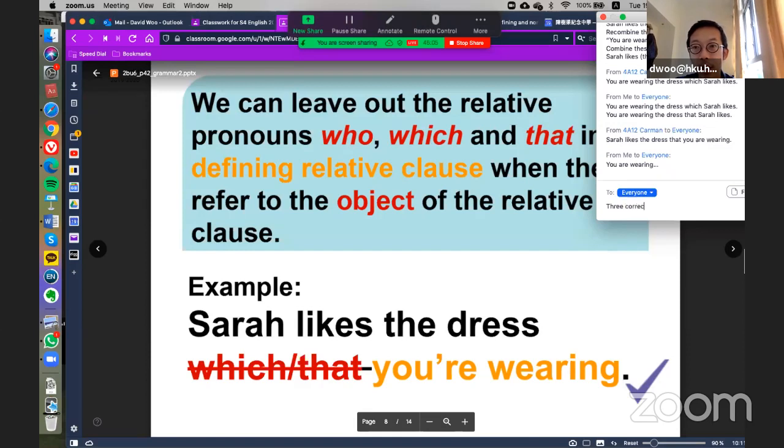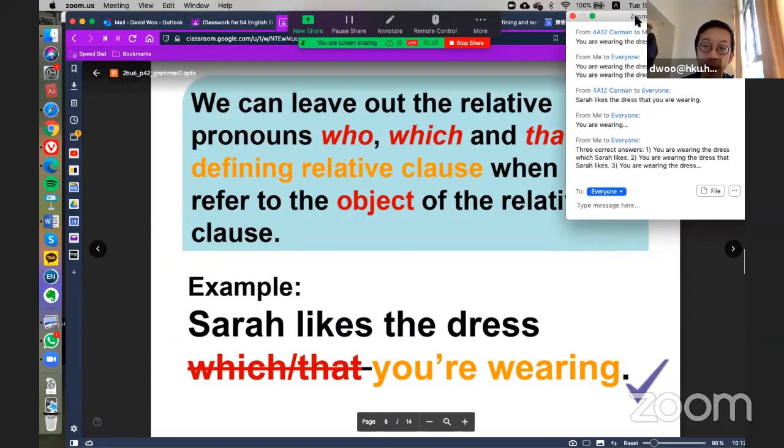Three correct answers. One, you are wearing the dress which Sarah likes. Two, you are wearing the dress that Sarah likes. Three, you are wearing the dress.